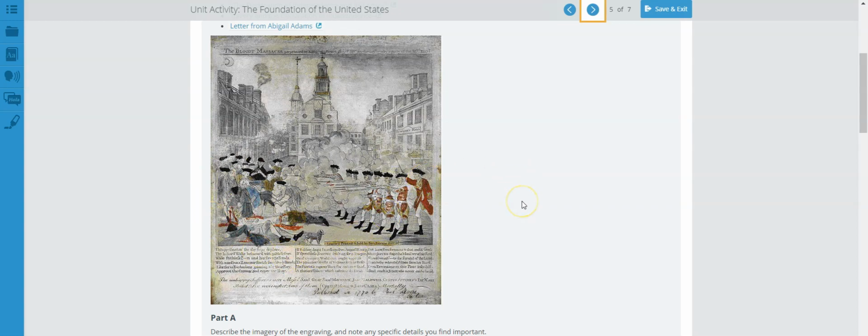By the way, this image could be misleading depending on who actually did it, and in this case it was an American colonist that did the image, and that could mean that the author may have been biased. But based on what we see here, you see British soldiers firing and killing American colonists. As you can see here, you see blood. So make sure that you are providing your best interpretation of this particular image.